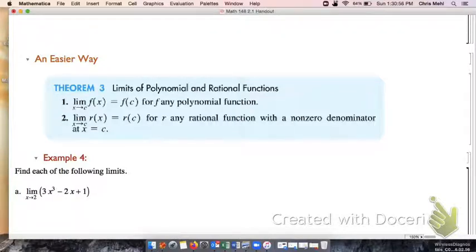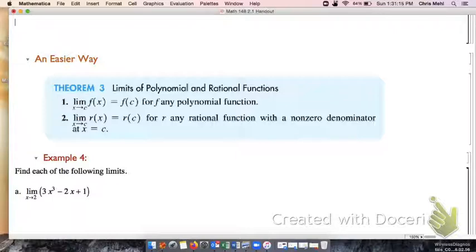As a matter of fact, for most of the functions that we study in this class, as long as the function is defined at a particular value, the limit will be the same thing, except maybe for odd functions like piecewise functions.